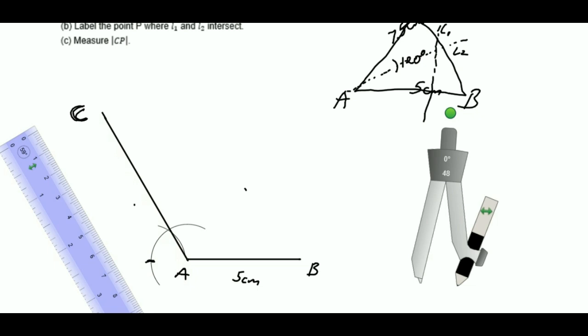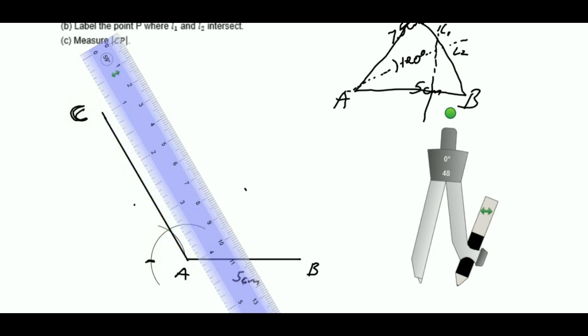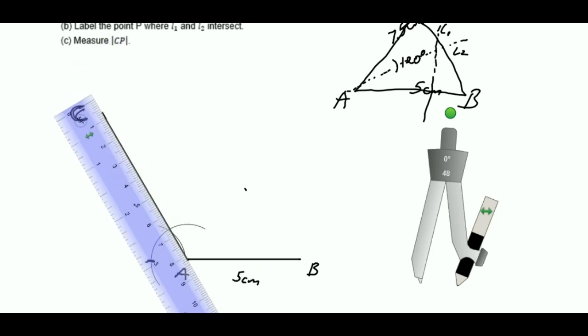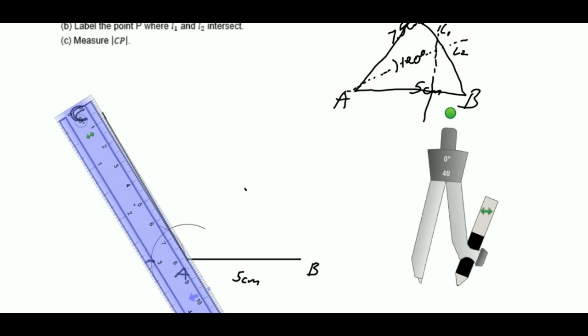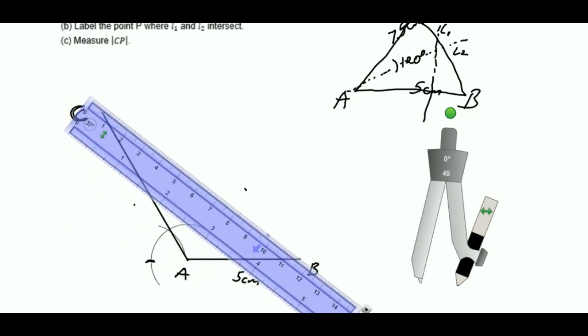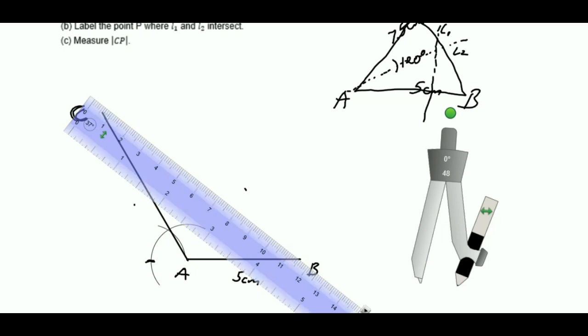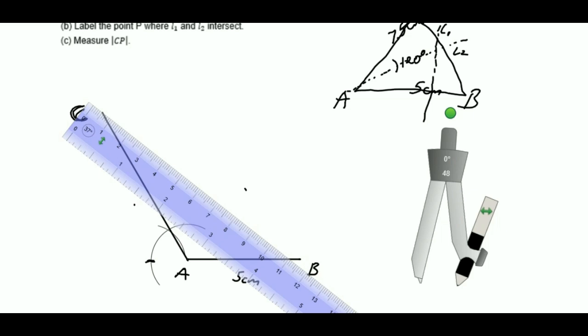So for me to complete the triangle, I can join the line for the two vertices here. I've got these and I've got these.